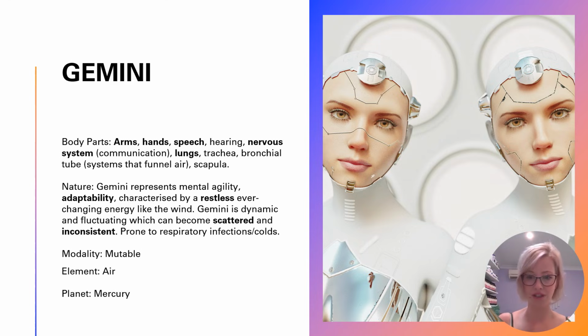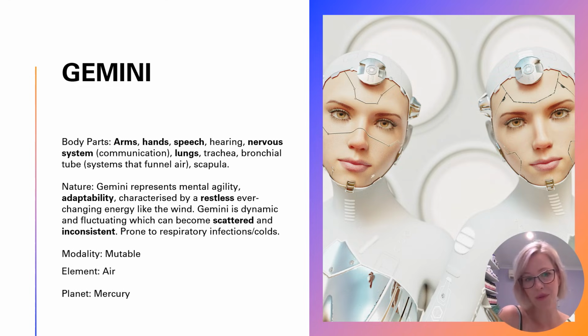And they're chatty, so they like to move their hands, gesticulate a bit. And there's that nervous system rulership with some other things because of their need for communication. But Gemini also, it's not just communication verbally, even though that's a big part of it in hearing. It's also like nerve communication and other communications that go on in the body.